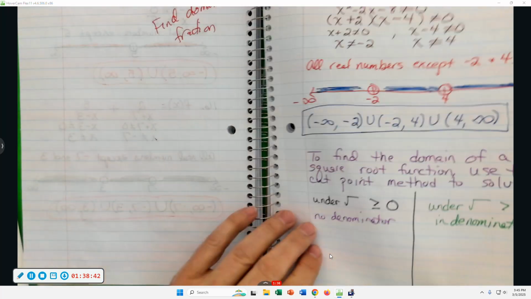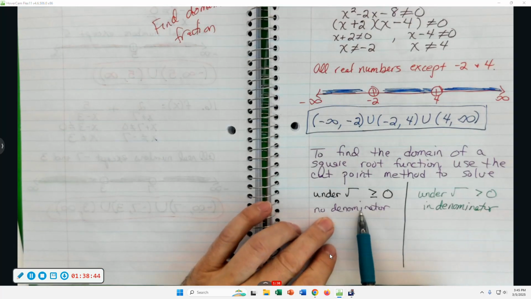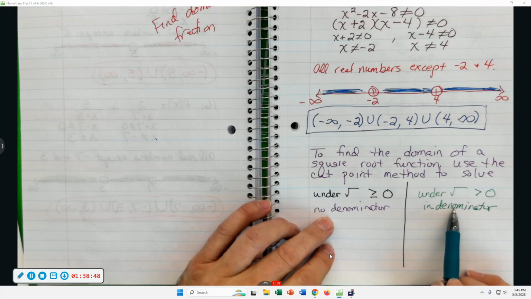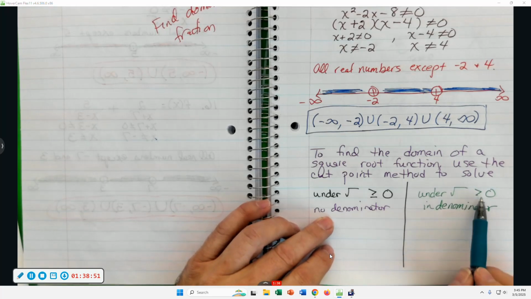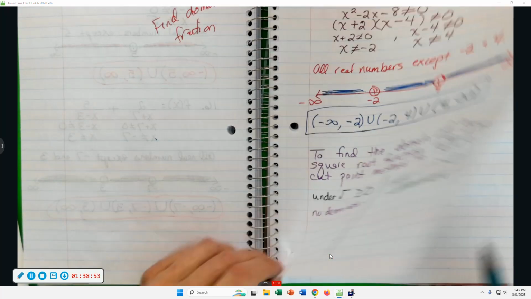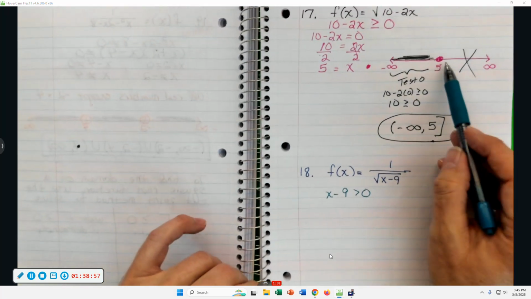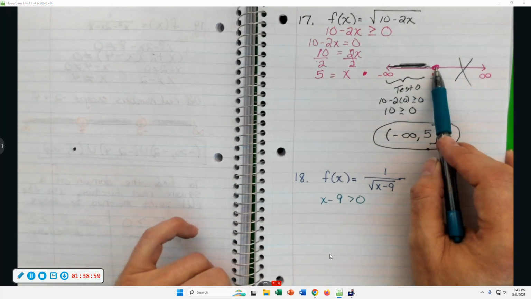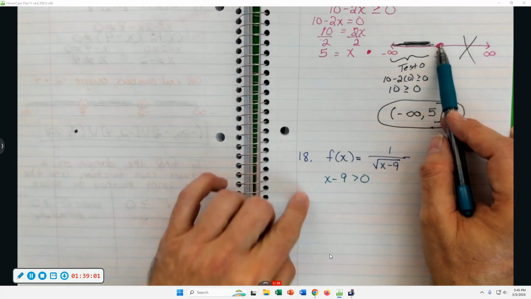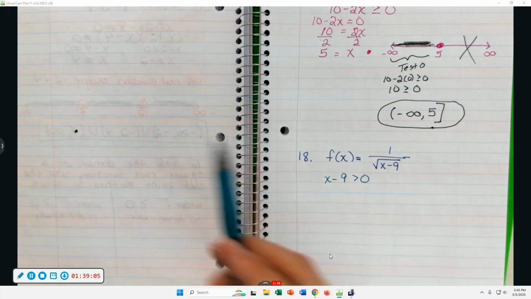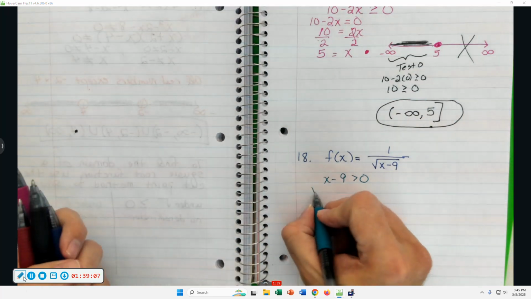Do y'all see what I mean by, if there's no denominator, use greater than or equal to. If the square root is in a denominator, then you're just going to use greater than 0. How will that affect things? Well, instead of a closed circle, like we had on 17, what are we going to have on 18? Open circle.